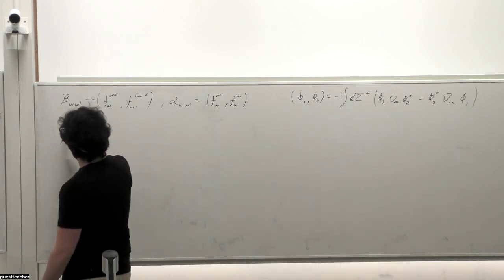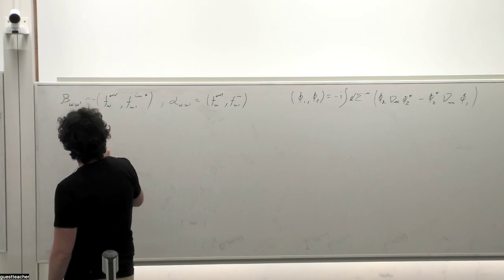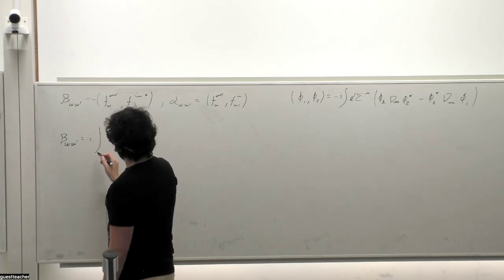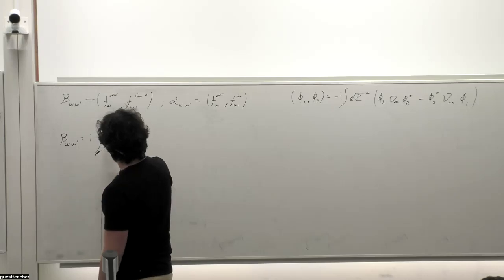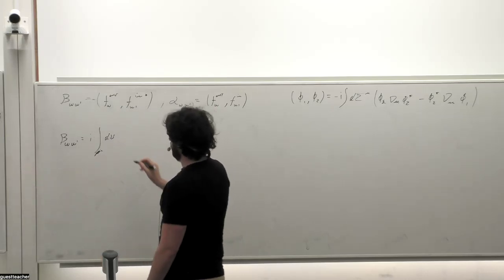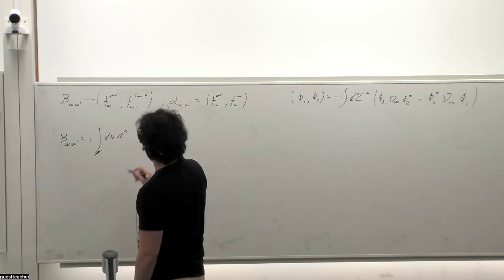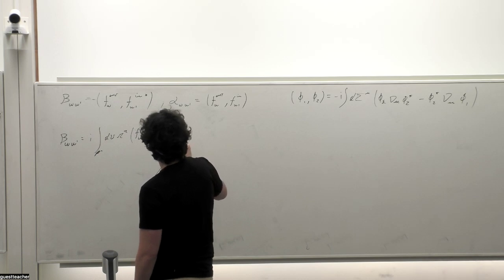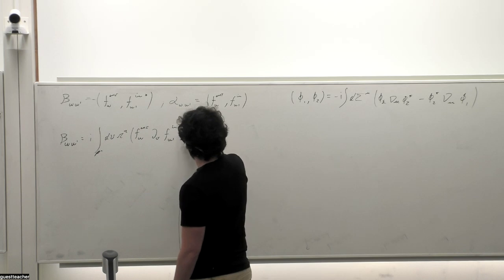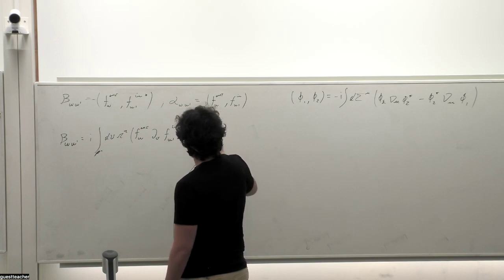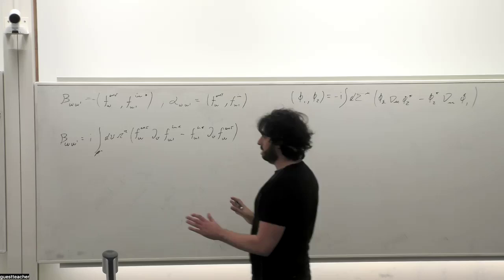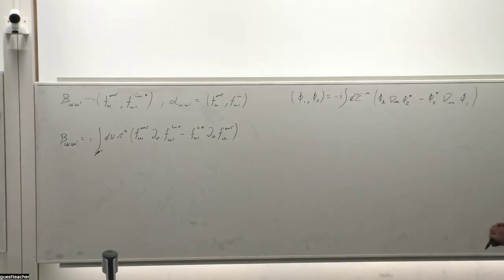So for instance, beta omega omega prime is going to be equal to, minus goes away, I times the integral on scri minus dv, equal to scri minus r squared, and then we are going to have f omega out dv f omega prime in minus star, minus f omega prime in star dv f omega out. Okay, so we almost have all the ingredients.